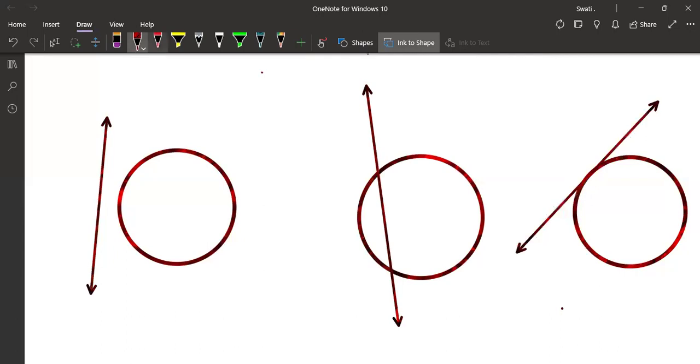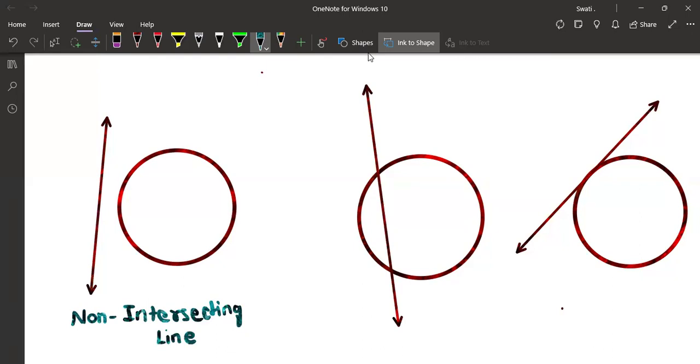Okay, perfect. So you can see that there are three cases. First case, Manya, there is a circle and there is a line. Is it touching the circle? Not touching the circle. So this line will be called a non-intersecting line because it is not getting intersected. Second case, you can see that this line is touching the circle at 2 points, okay?